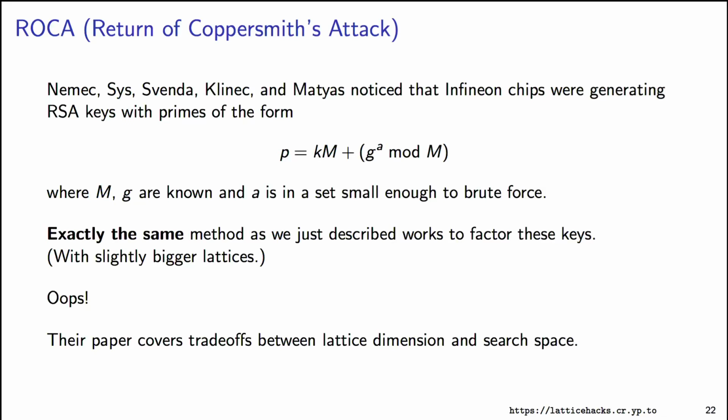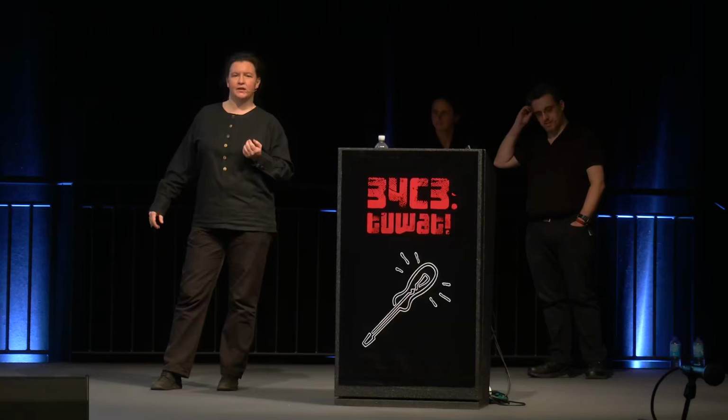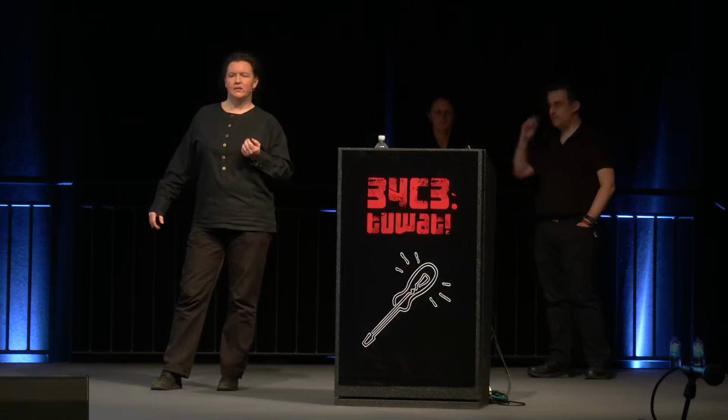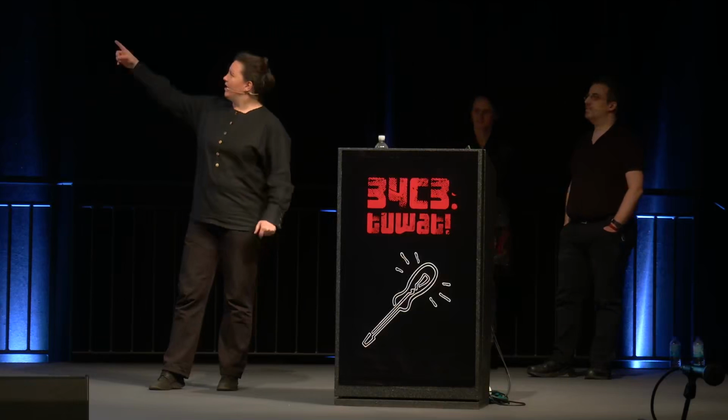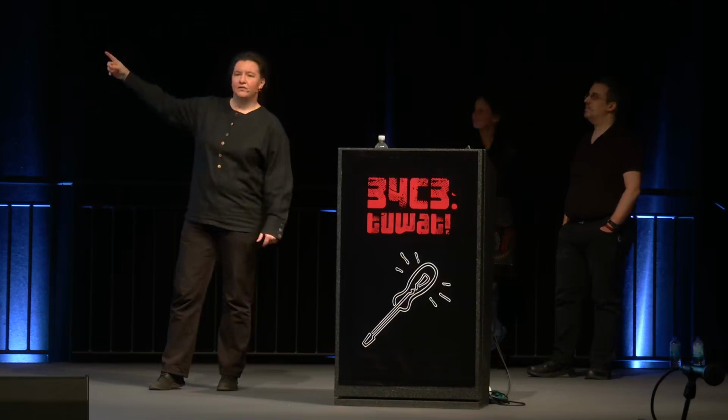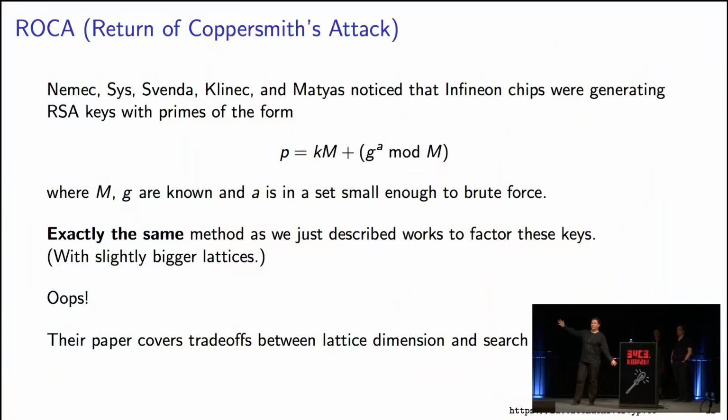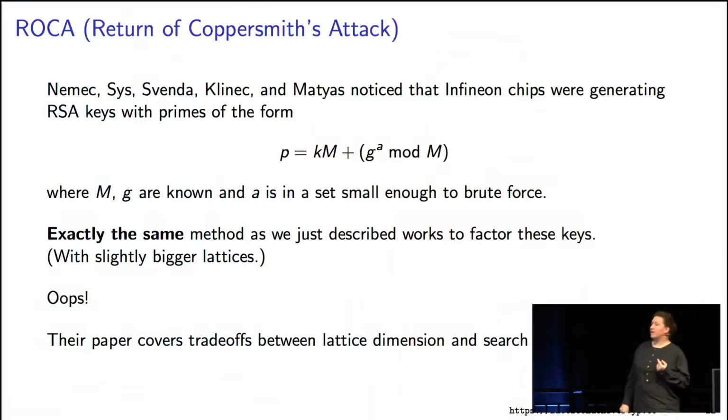They had noticed that Infineon is generating their primes in a very strange way. This is not how you generate primes. I mean, you can search through a whole bunch of those things and you will get a prime, but why? What was known here was this M, and with a lot of massaging and searching around, they had managed to get this A, this little exponent A there.